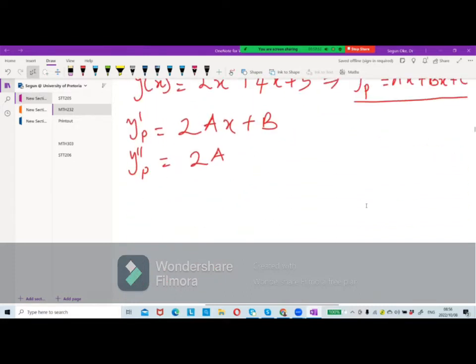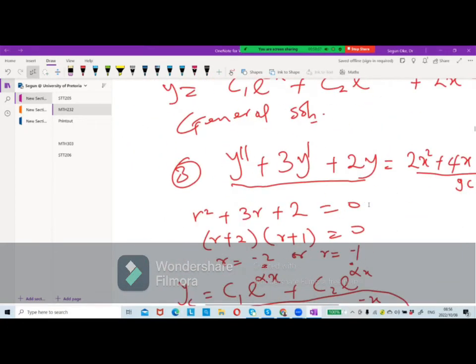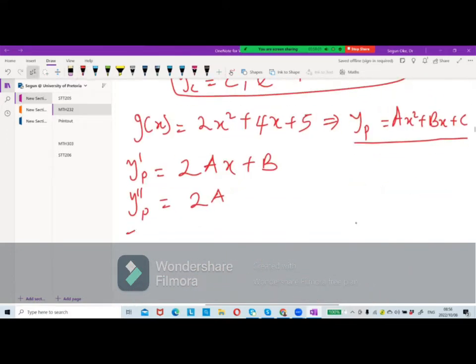So let's substitute into equation 3. Let's call this one equation 3. So equation 3 becomes y prime prime plus 3 y prime plus 2y equals to 2x squared plus 4x plus 5.